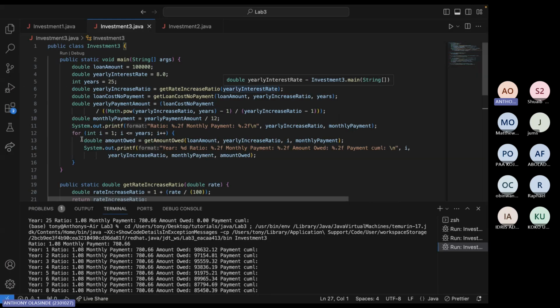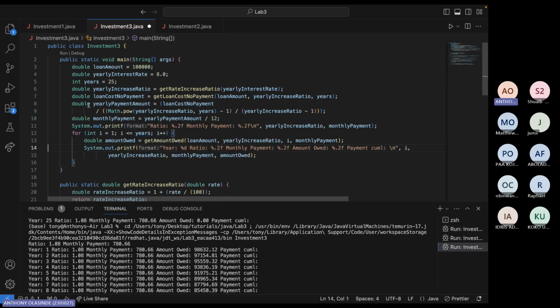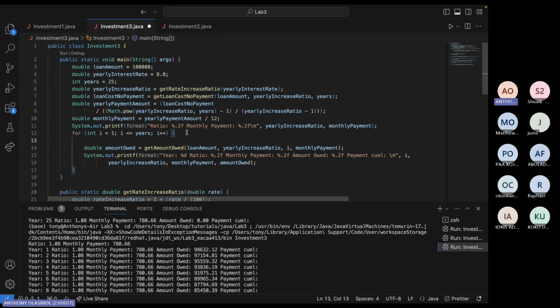So one thing, just figuring out how best to get that. Amount paid. Okay, we can actually do that outside. Oh yeah, we already have the yearly payment amount. One thing we can do is get the yearly payment amount for each of the years coming.